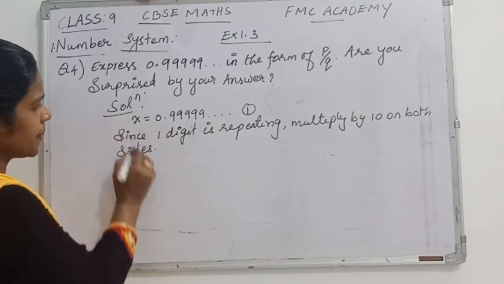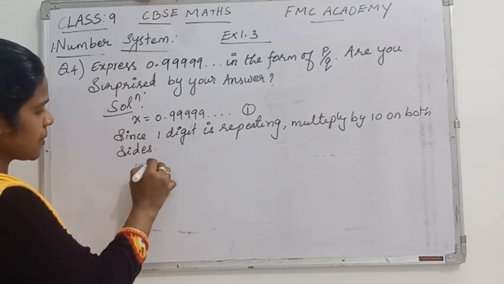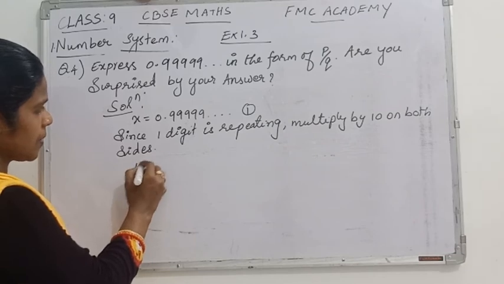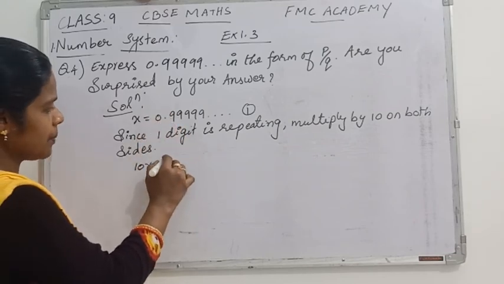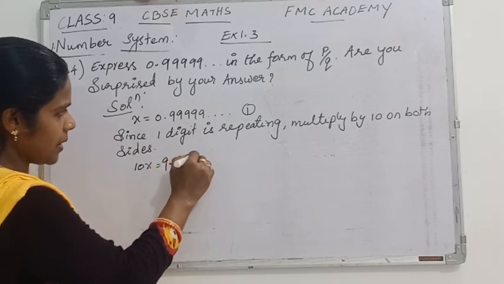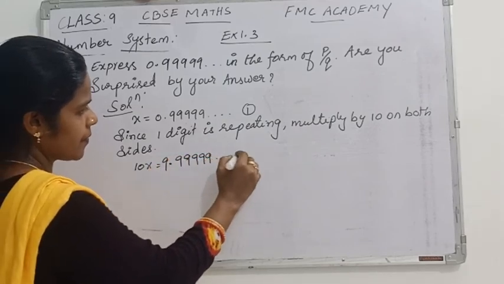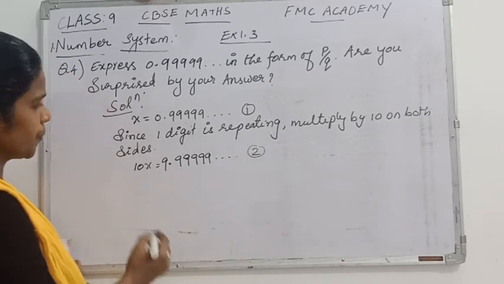So you will get 10x, and here your point will be shifted after one digit, so 9.999. You will give equation number 2.